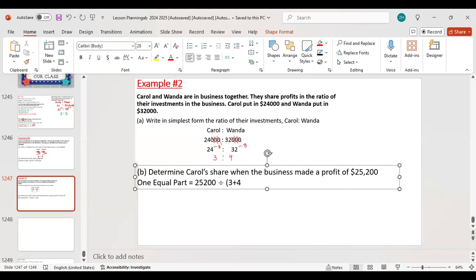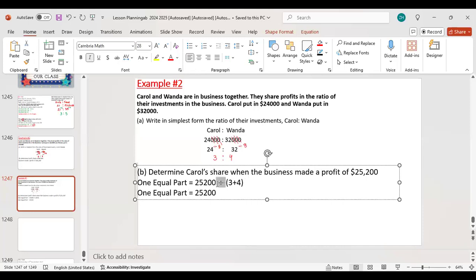So 3 plus 4. And so one equal part is going to be equal to 25,200 divided by 3 plus 4, which is what? 7. And so one equal part is going to be equal to 25,200 divided by 7, which is what? 3,600.